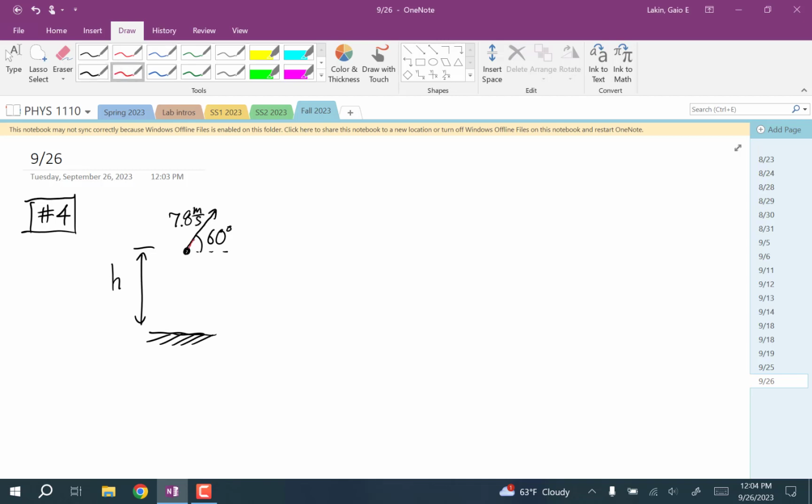And the trajectory is going to be something like that. And we know this distance is 15 feet.